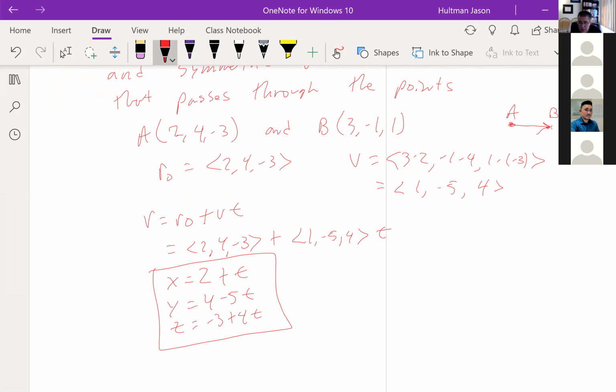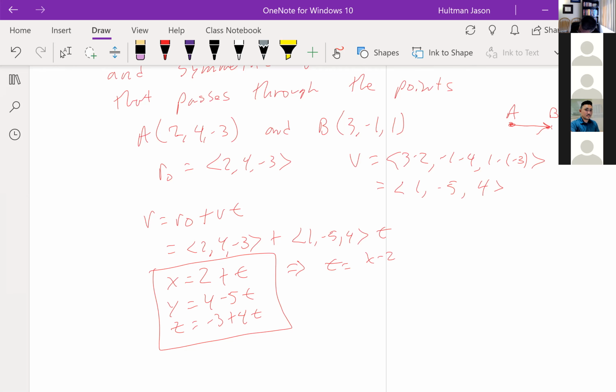Now let's solve for t and get our symmetric equations. t is equal to x minus 2, and I'm going to put it over 1 just to make sure it's in the same format. You don't have to put it over 1.